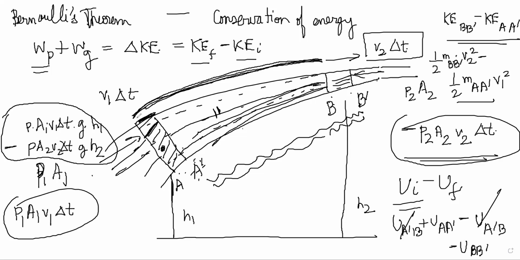B B dash mass would be rho into a2 into v2 delta t, because a2 into v2 delta t is this much volume, and that is the total mass. And this mass is rho into a1 into v1 delta t. So everything will come in terms of a1, a2, v1, v2, delta t, and so on.